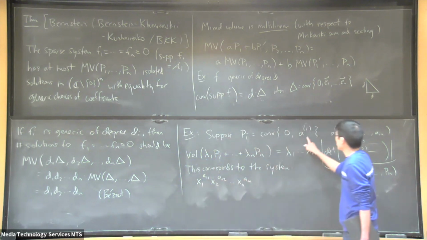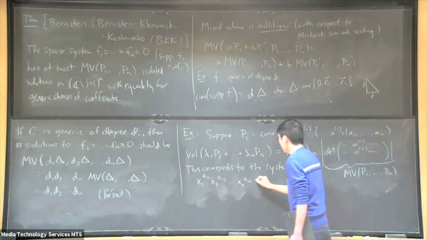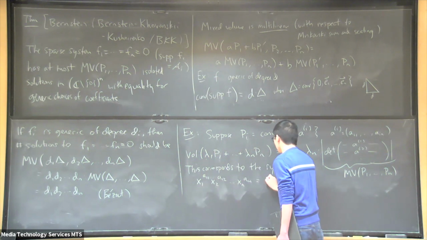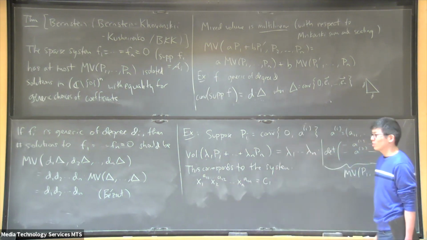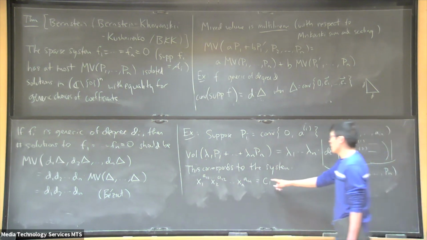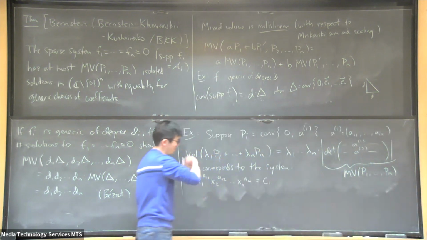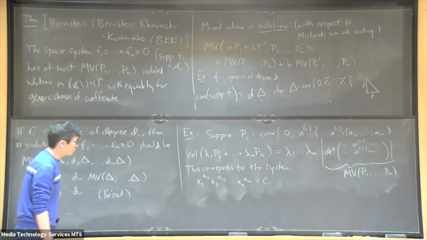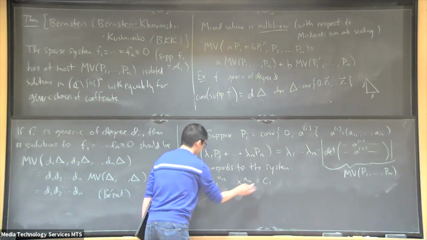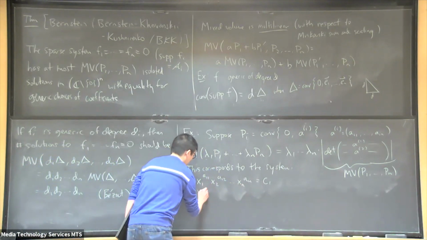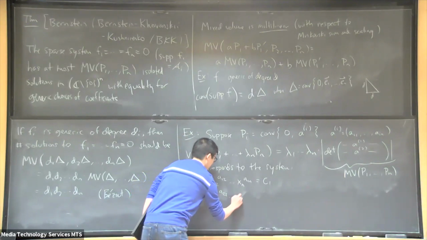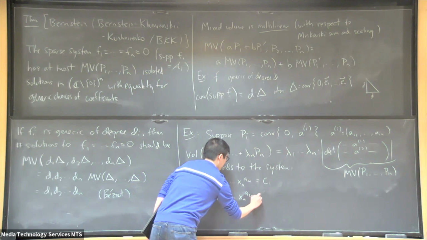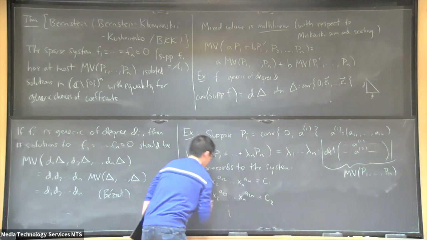This is the term that corresponds to this point here, and then it equals some constant, let's call it c1, that corresponds to this point here at 0. I guess I should have two generic coefficients here, but I just divided out by one of them, so I only have this one constant. And that's my first equation, and the second equation will look something like this, equals c2, and so forth.